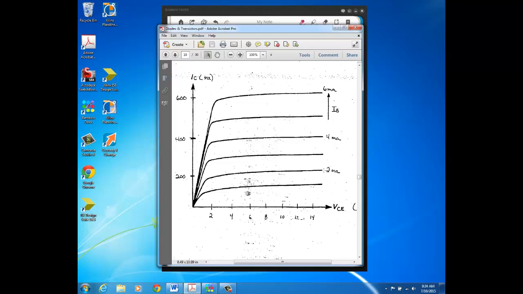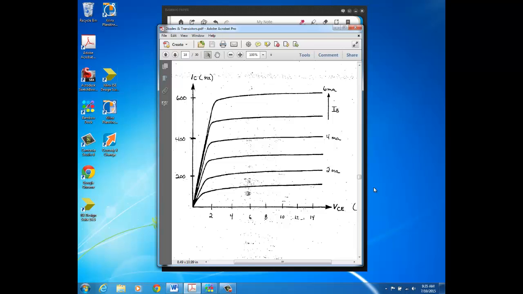For example, here again on the 2 milliamp constant base current curve, once I hit this downward slope, there's still 2 milliamps of base current, but now I'm going to have less collector current, so my beta, my current gain, IC over IB, is going to be decreasing along this slope, for any of these curves. So you see, that's why you don't want to be in this region when you use the BJT as an amplifier, because you're not going to get the optimum gain that you get in the region where the curves are flat.